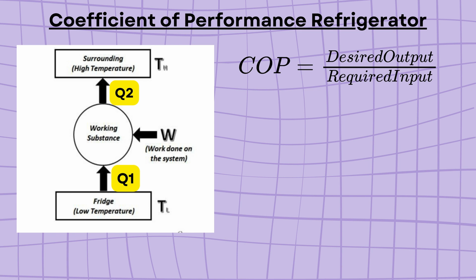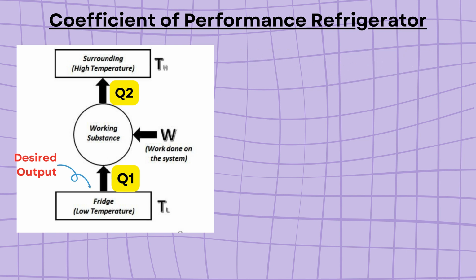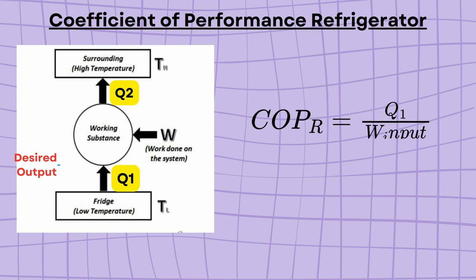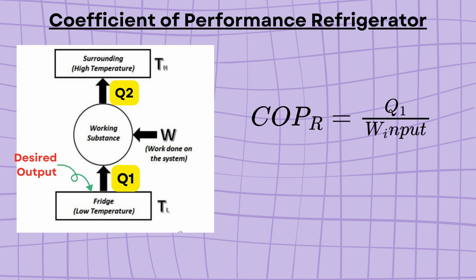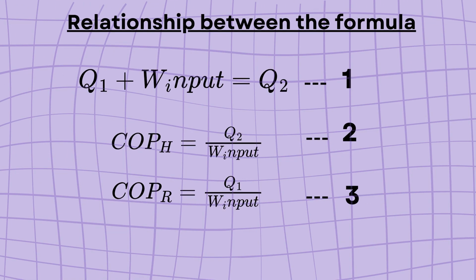Before, the desired output was Q2, right? But in this situation, our desired output is in the refrigerator, which is Q1. So we can substitute the desired output as Q1, and the required input is also the same, which is W input. So the coefficient of performance for a refrigerator we can say is Q1 over W input.